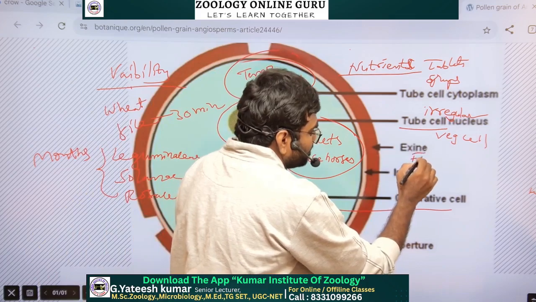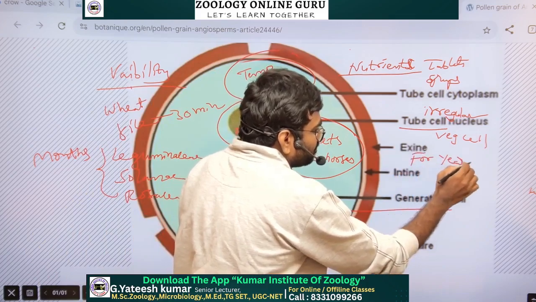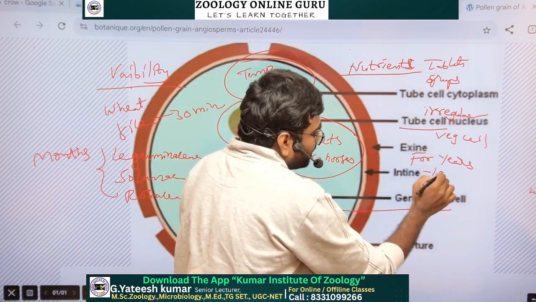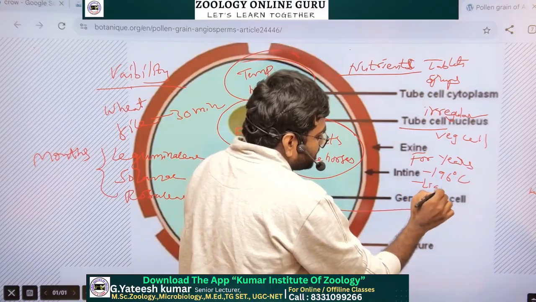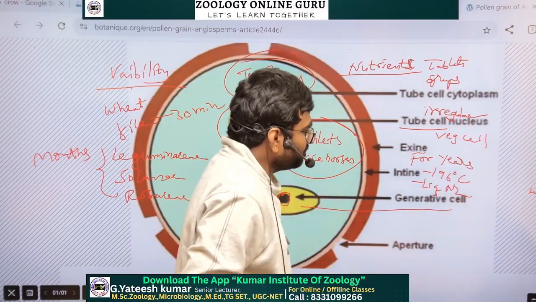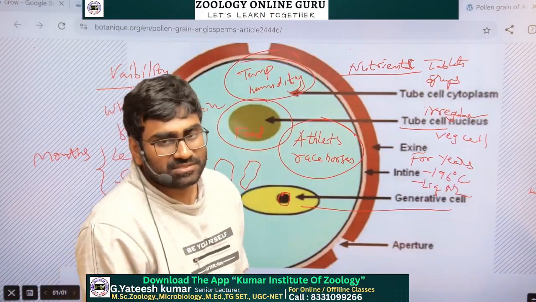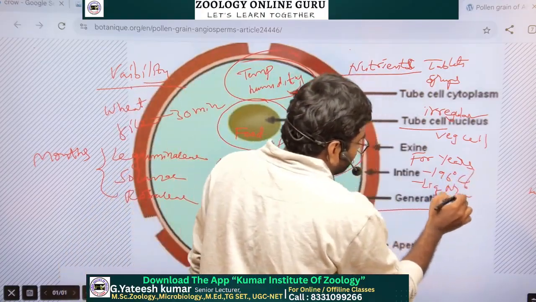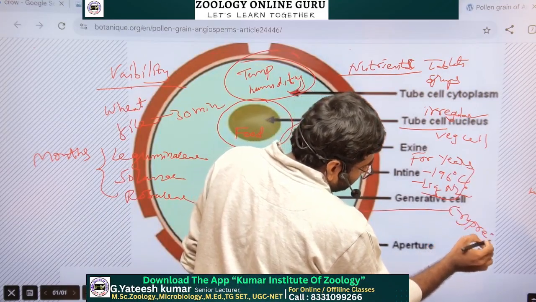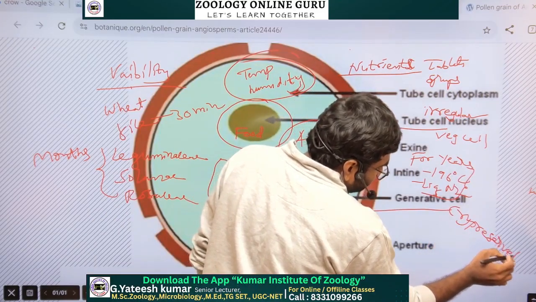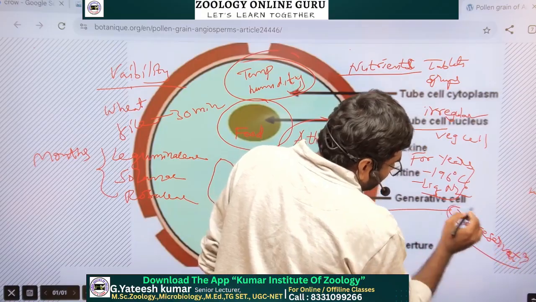Pollen grains can be stored for years at minus 196 degrees temperature, and the chemical used is liquid nitrogen, and the technique is known as cryopreservation. Remember, very important. This term is not mentioned in the NCERT, but we have to learn the term cryopreservation.